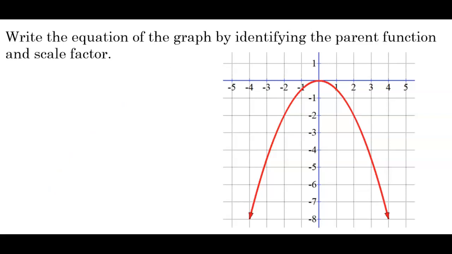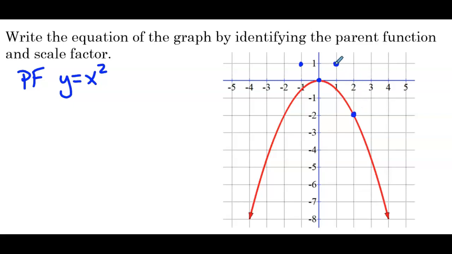Next up, we have a parabolic graph. So our parent function is y equals x squared. So let's see, (0, 0), (1, 1), (-1, 1). Those are only points. So I can right off the bat see that there's a reflection going on. And let's compare this point to this point here.